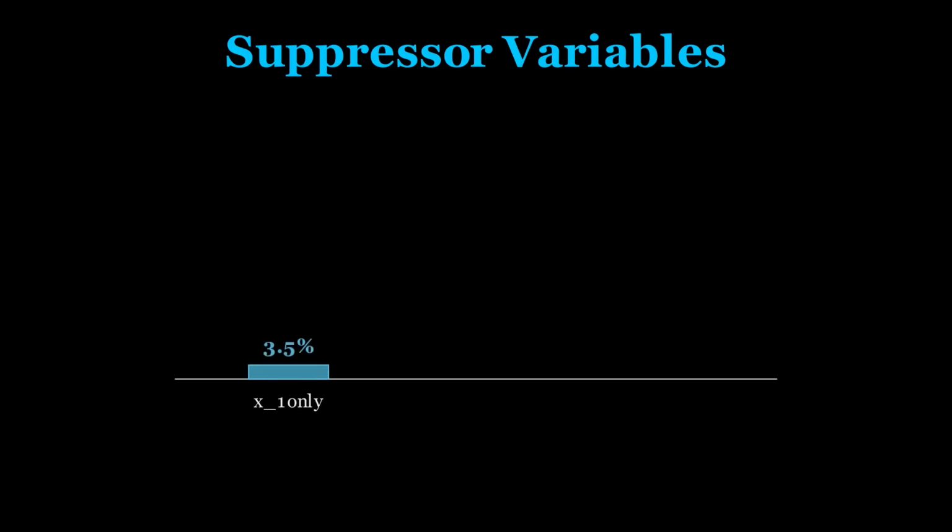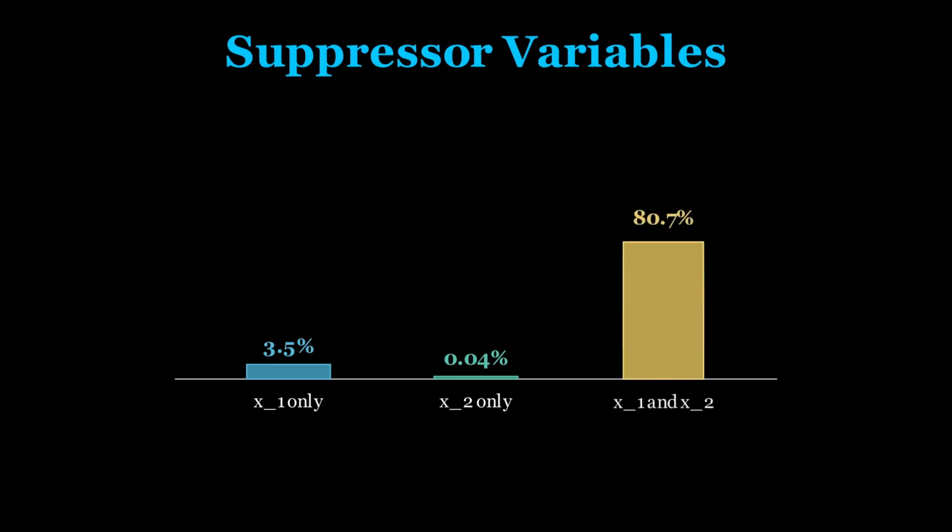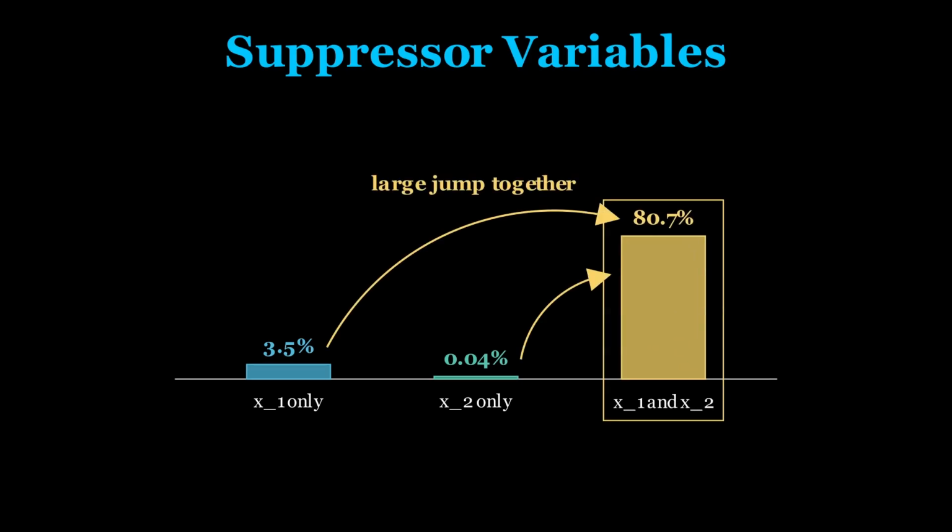Consider one response variable, y, and 2 explanatory variables, x1 and x2, where x1 and x2 are highly correlated. Running individual regression models, x1 yields an r-squared of 3.5%, and x2 yields an r-squared of 0.04%. However, when both x1 and x2 are included in the model, the r-squared jumps to 80.7%.